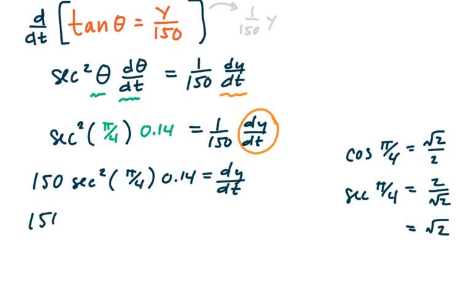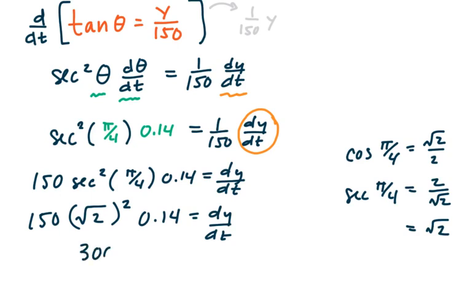So I have 150 times secant of pi over 4, which is the square root of 2, and because it's squared, I put that there, times 0.14 equals dy/dt. So root 2 squared becomes 2. 2 times 150 is 300, times that 0.14. And 300 times 0.14 is 42. So I determine here that 42 equals dy/dt.